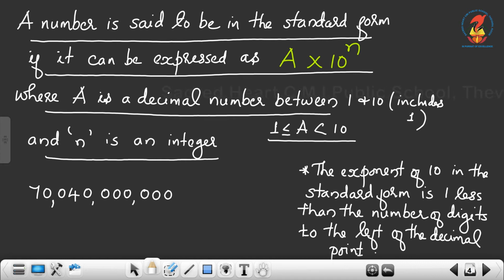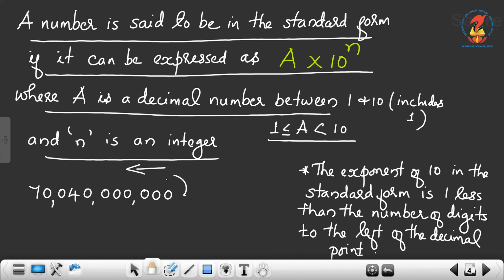Now look at this number. We have to write it in the standard form. So what we have to do? You have to assume that the decimal point is at the right end. Now we have to move the decimal point to the left. And how many places you have moved? That will be the power of 10.